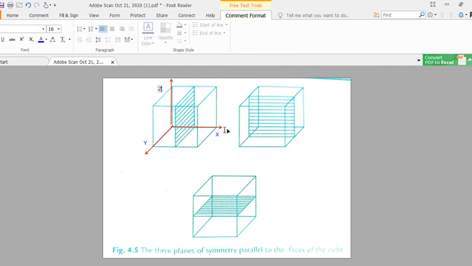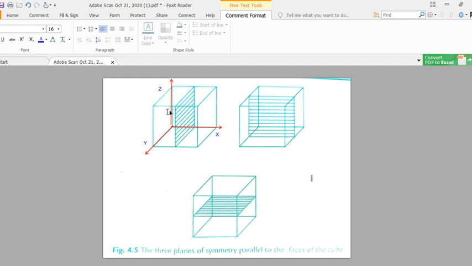Now exactly at half of your x-axis you are drawing one plane, or you can assume that there is this plane which is parallel to the yz plane, which is intersecting the x-axis.